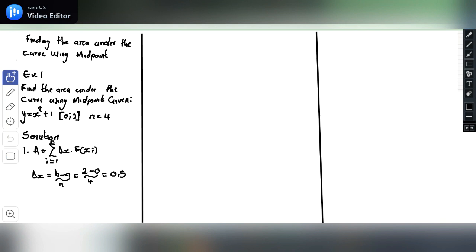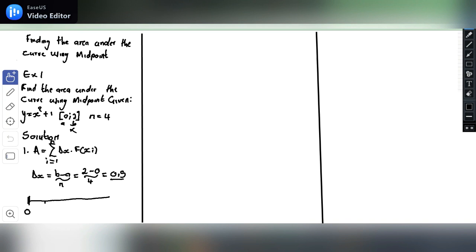Therefore, after finding the width, we're going to draw the timeline or the number line, right? Starting with the first point, which is, remember, 0 and 2 are the points, a and b. So starting from a to 2. What is the first point? It's 0. After writing 0, we are going to add 0.5 until we get to 2, which is the last point.